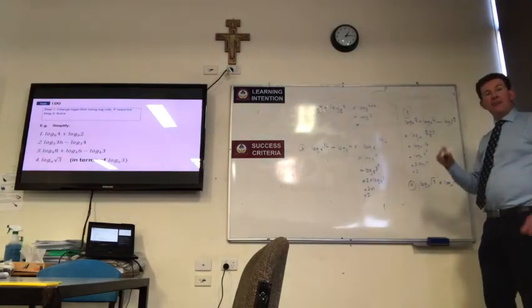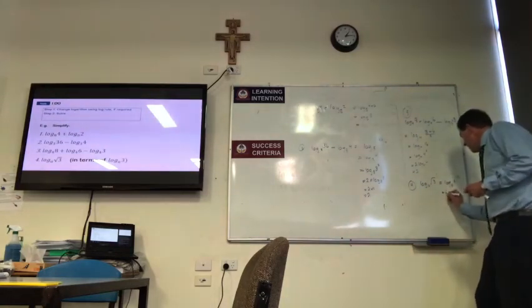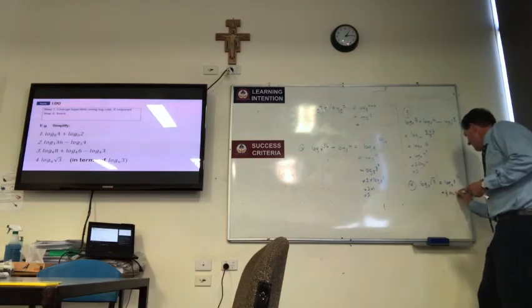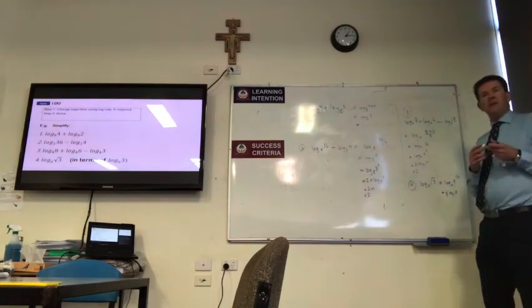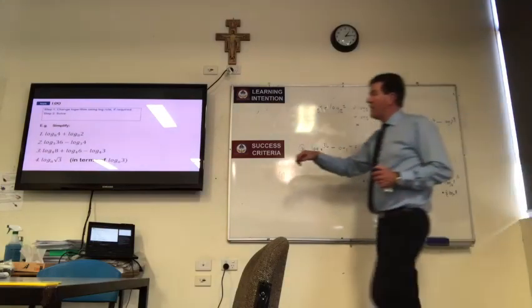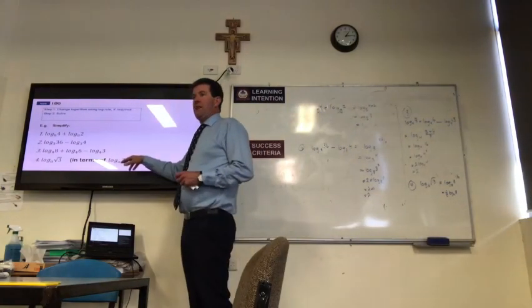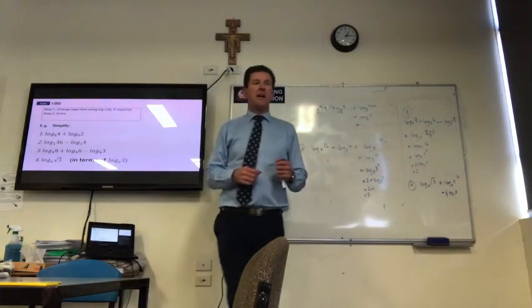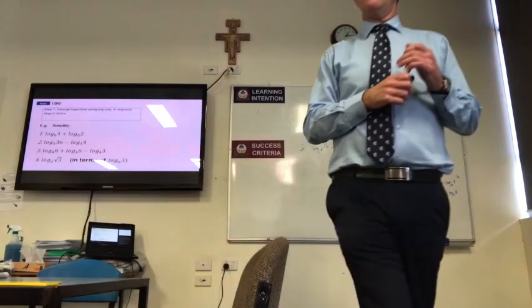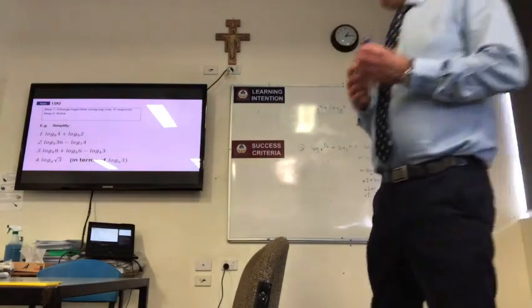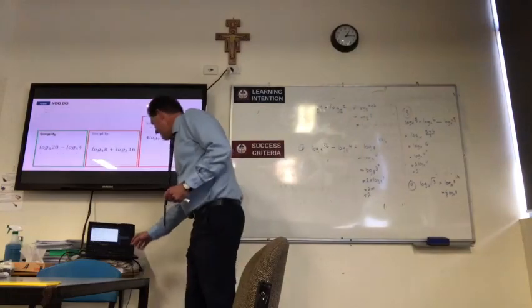I can bring the half down the front, so this is a half log base A of 3. So it's in terms of log base A of 3, which is what the question asked. All right. Very good. You do.